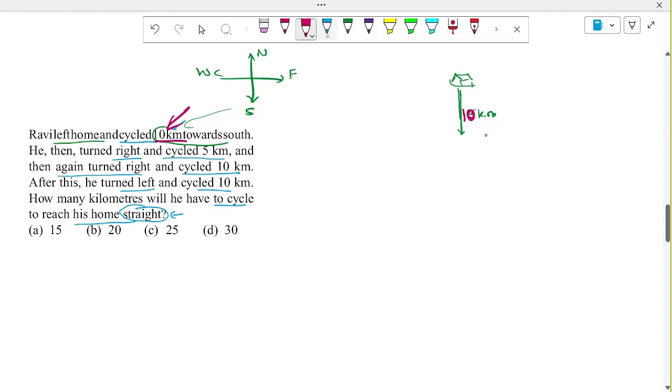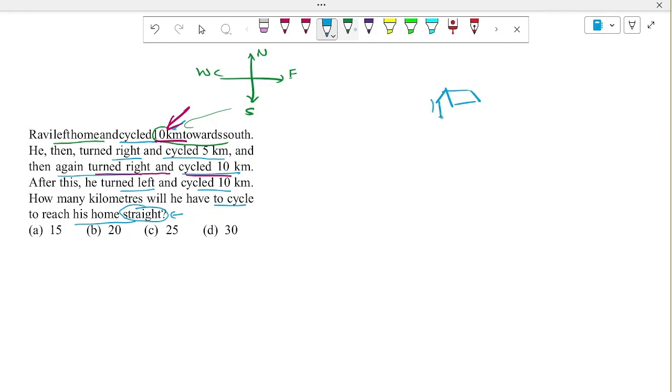Then he turned right and traveled 5 kilometers. And then again he turned right and cycled 10 kilometers. Make sure that you maintain the same distance. This 5 kilometers is a bit small, so we'll try to match that one and draw it.